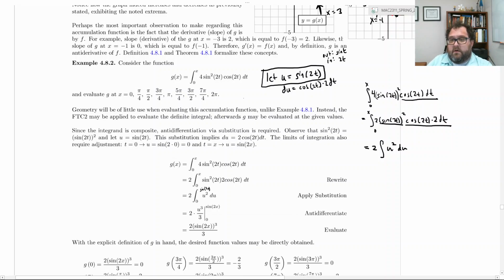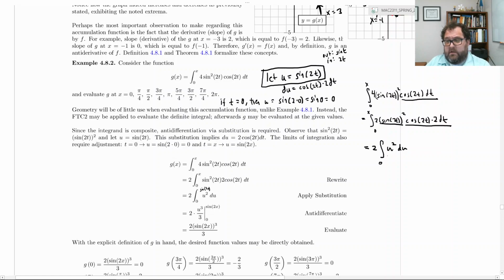So usually I go over here and say something like this. If t equals what? 0 is the original lower limit. So if t equals 0, then u equals sine of 2 times 0, which is sine of 0, which is what? 0. Sine of 0 is 0.